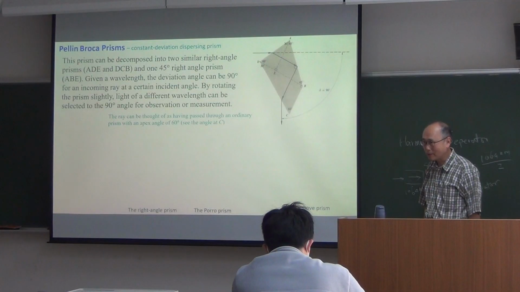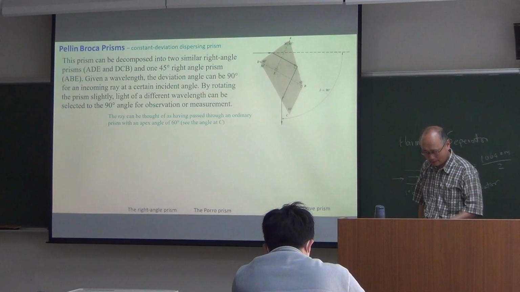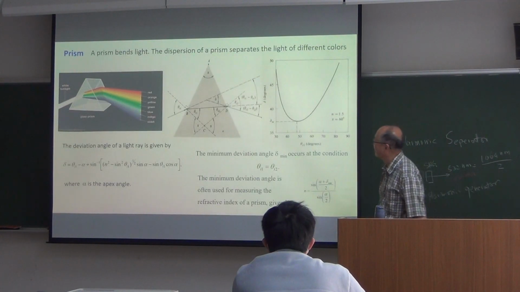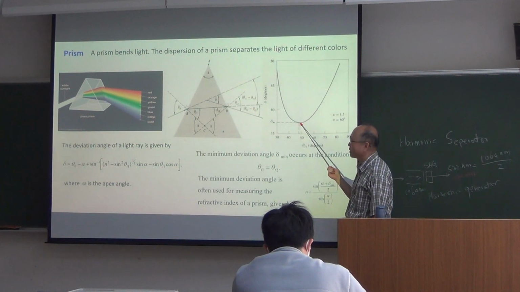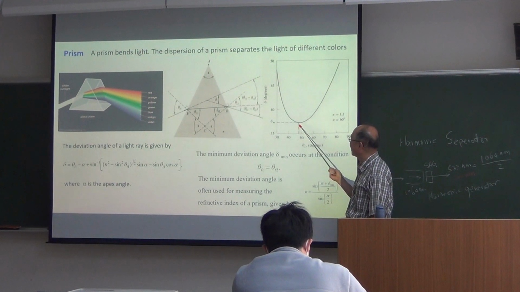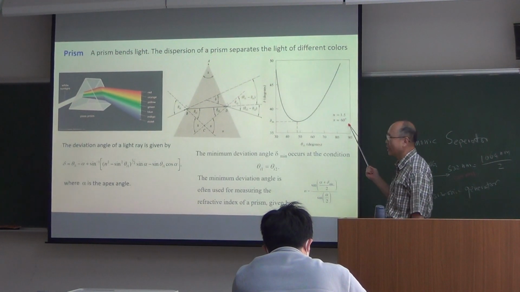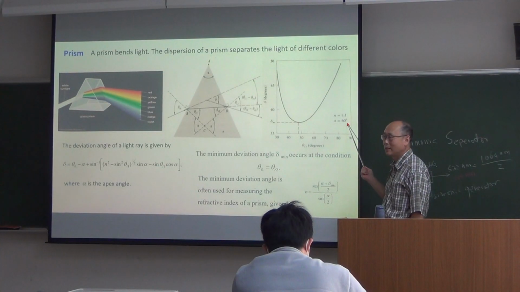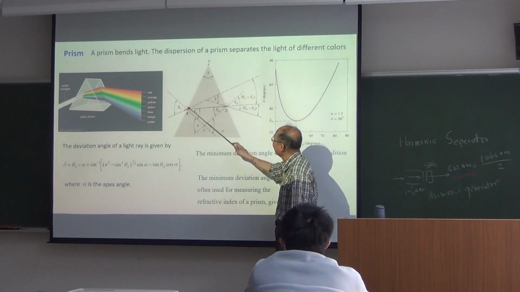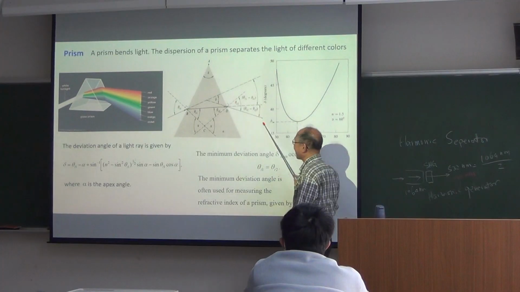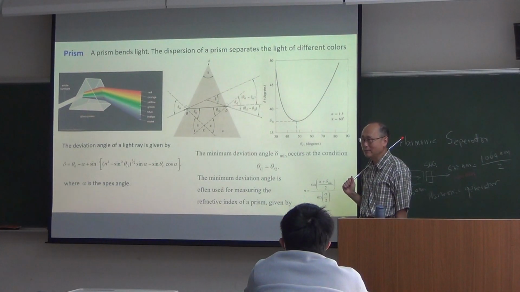Is there any question about this? Let's come back here. You want to operate at this point, but this point will never come to 90 degrees. Okay, and this is inconvenient, right? With some arbitrary angle coming in and going out.